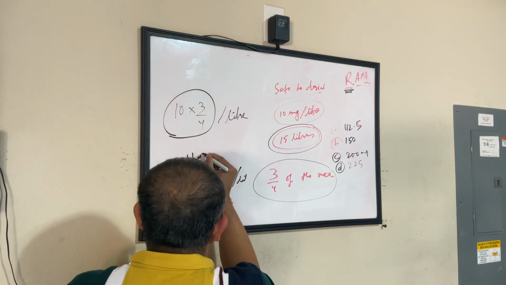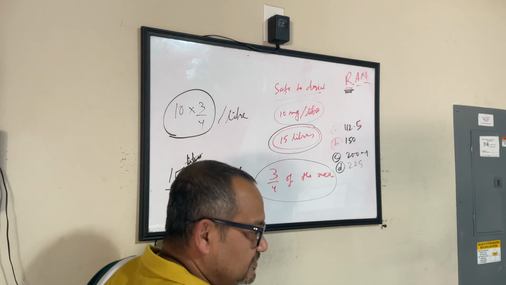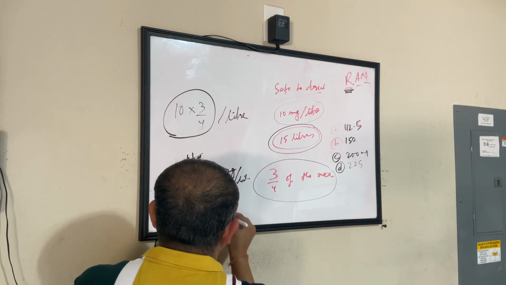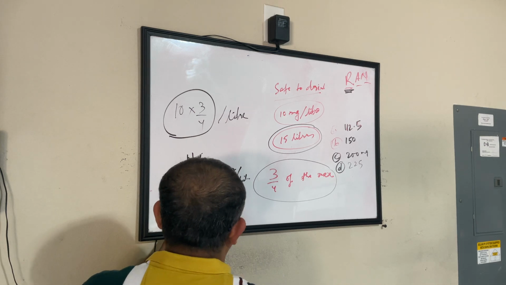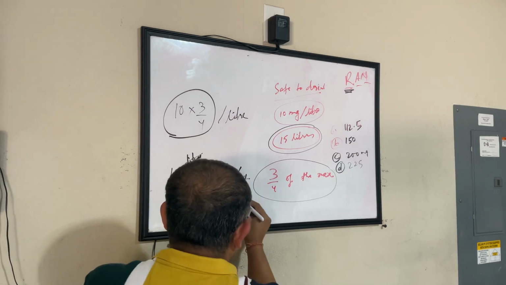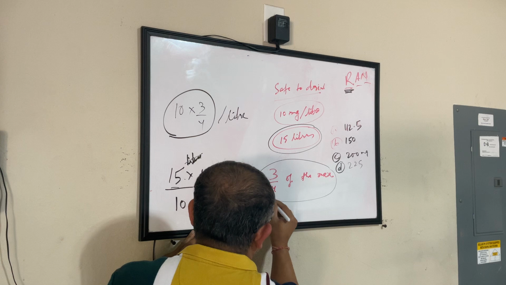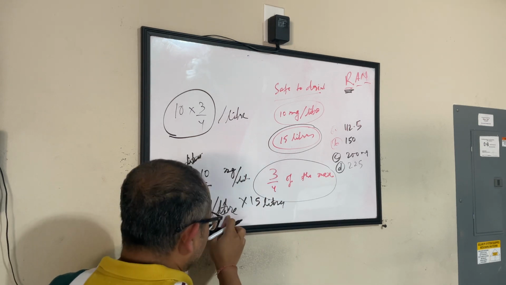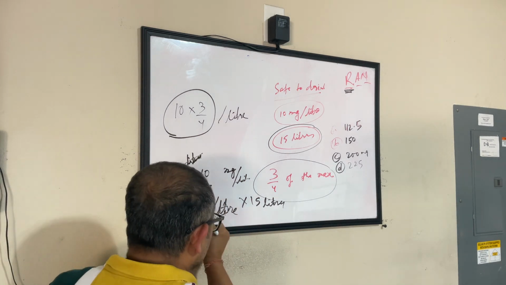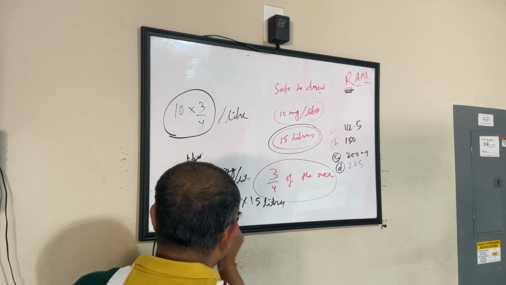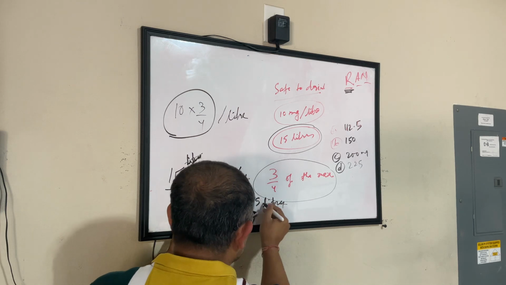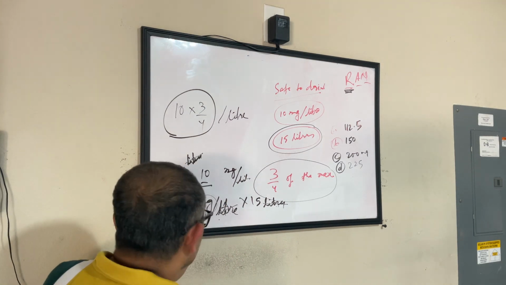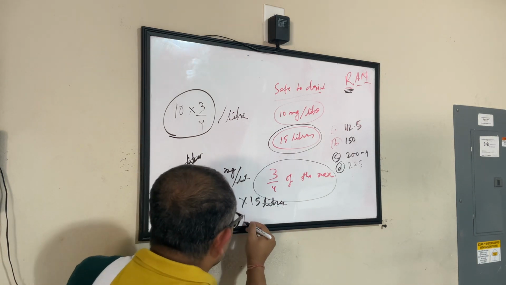See, you can do tic-tac-toe with the units also. 10 milligram per liter was the maximum concentration, and you got 15 liters as sample. So the number you will multiply. Can you multiply a unit with the number? No, you cannot. You will deal with the unit separately. So here you have milligram per liter, and here you have liter. This liter gets knocked off. What are you left with? 10 milligram. So 10 milligram into 15, that is 150 milligram.